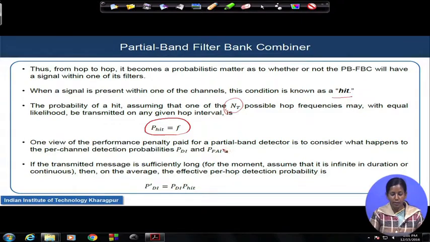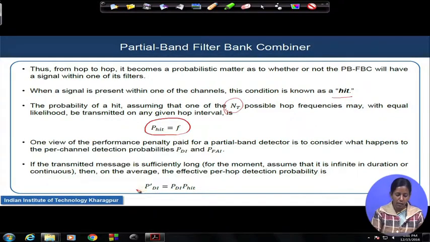We will consider the penalty paid on the per channel detection probabilities PDI and PFAI. If the transmitted message is sufficiently long, then we can show that the effective per hop detection probability for the partial band FBC will be given by PDI multiplied by the hit probability.